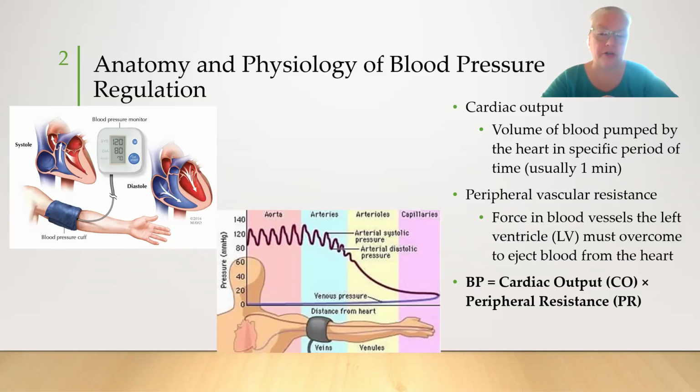Our systolic pressure is that highest number, and it is usually normal somewhere around 115 to 120. We'll tolerate up to 130 with our older adults, 135 at most.